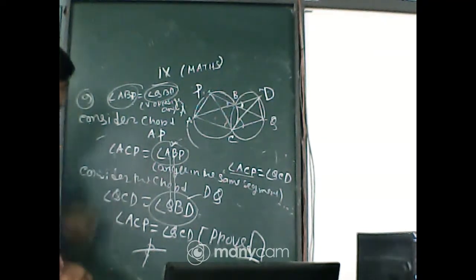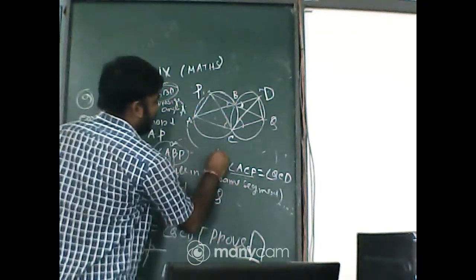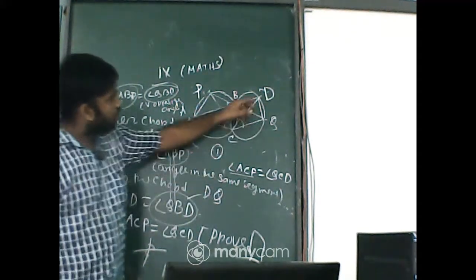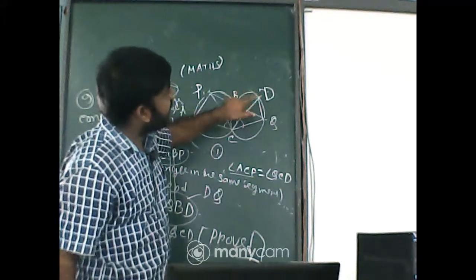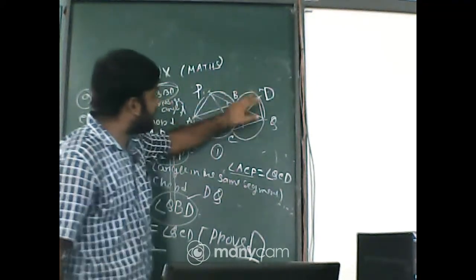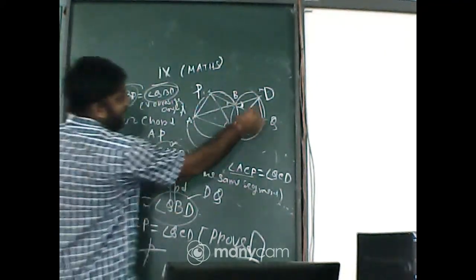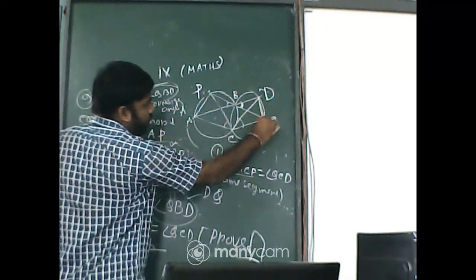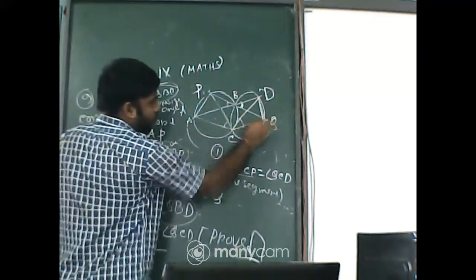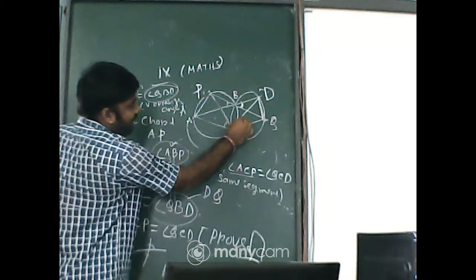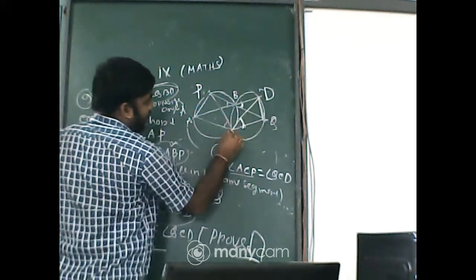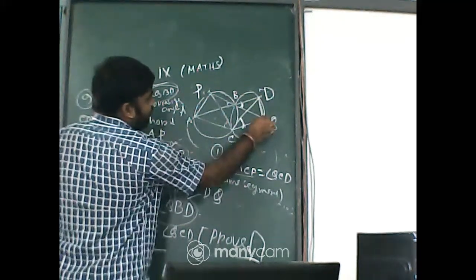Okay, next, forget that, it is given as number 1. Next chord DQ. Just think about the DQ chord. So DCQ, starting D and CQ ending at Q, and QBD.